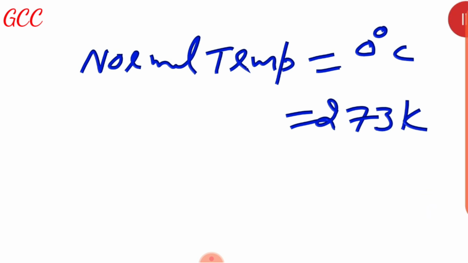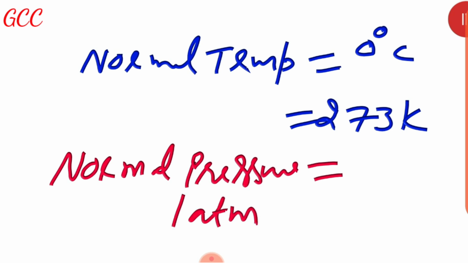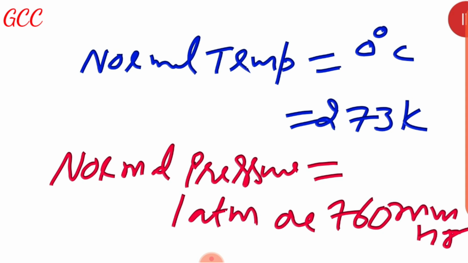And normal pressure is equal to 1 atmosphere, or 760 mm of mercury. Is it clear?